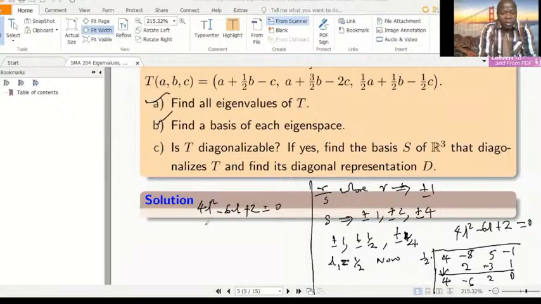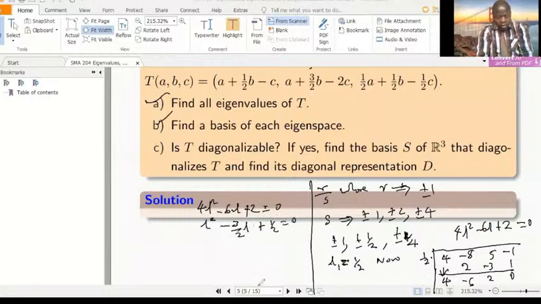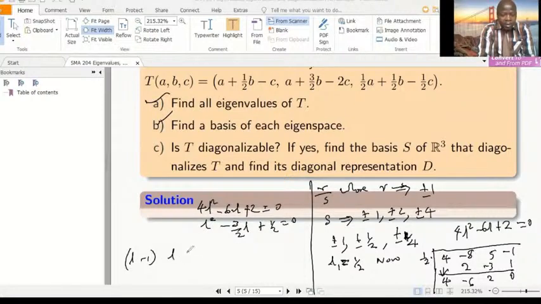Dividing through by 4, you would have lambda squared minus 3 out of 2 lambda plus a half equals 0. We need to factorize this, and when you do, you get lambda minus 1 times lambda minus a half equals 0. And you know how to factorize this.